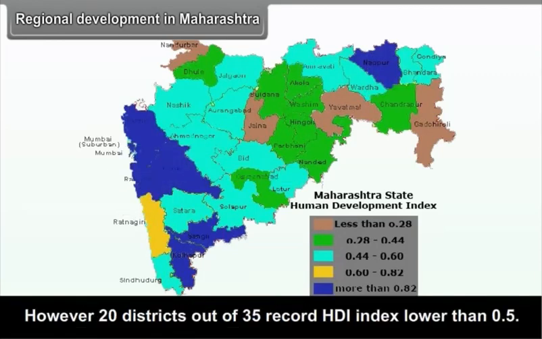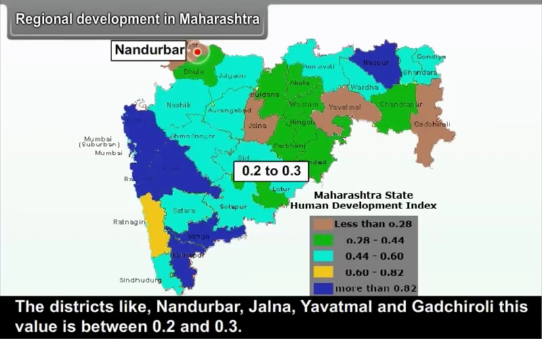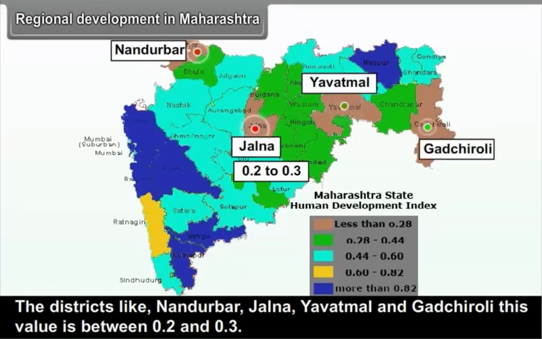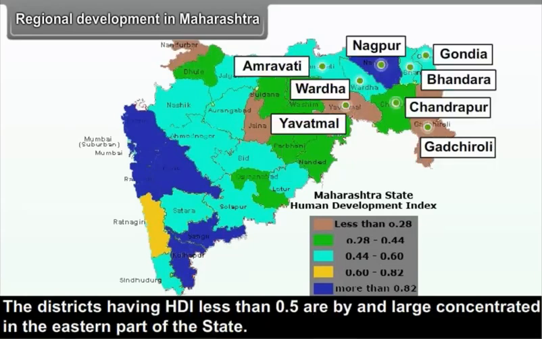However, 20 districts out of 35 record HDI lower than 0.5. In districts like Nandurbar, Jalna, Yavatmal and Gadchiroli, this value is between 0.2 and 0.3.